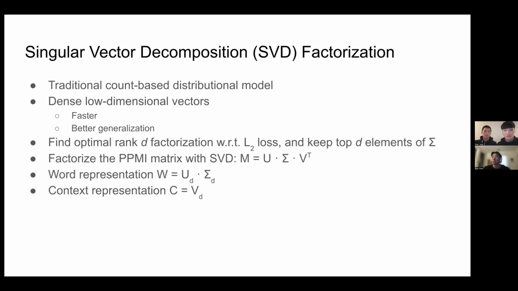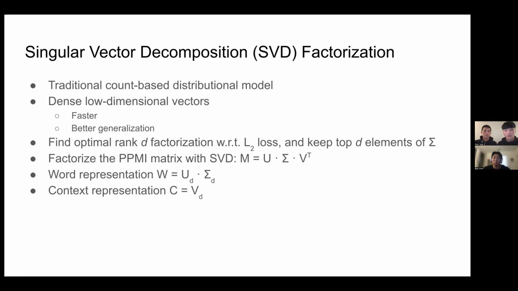Next, singular value decomposition factorization. This is also one of the traditional count-based distributional models. The difference is that having dense, low-dimensional vectors gives faster efficiency and better generalization.